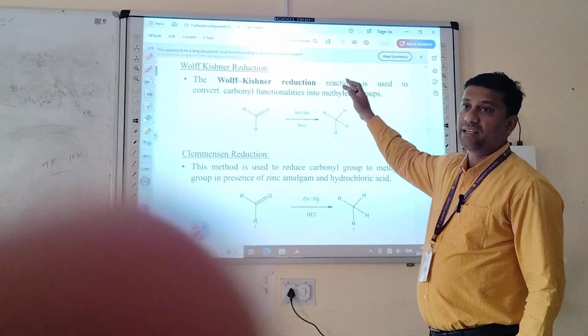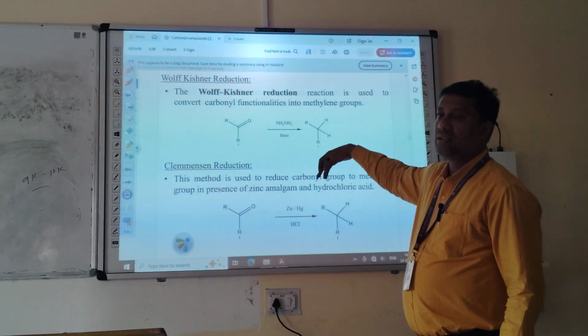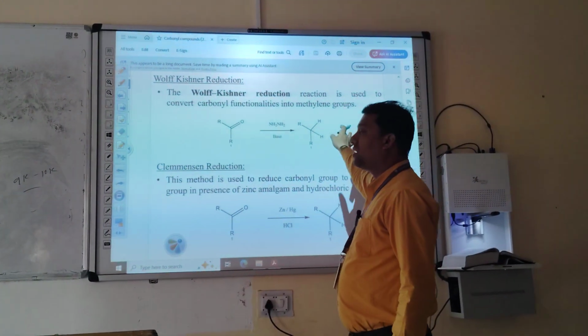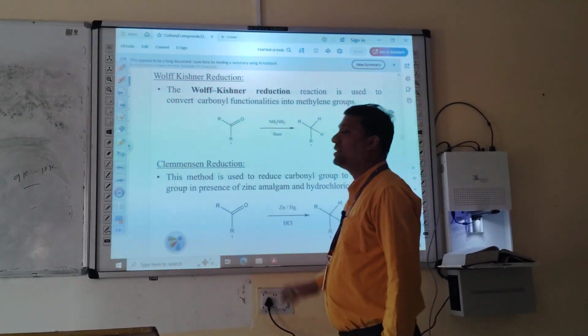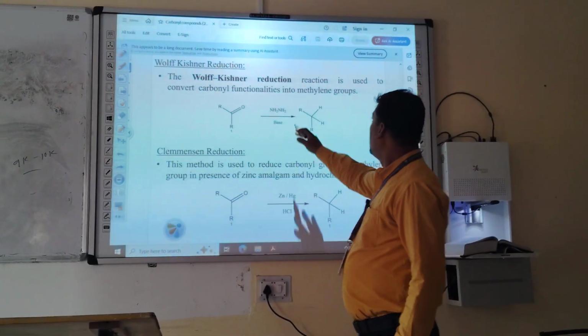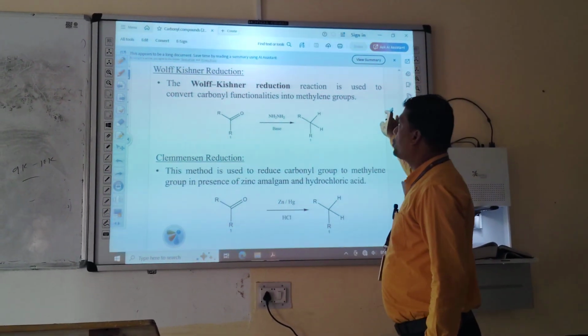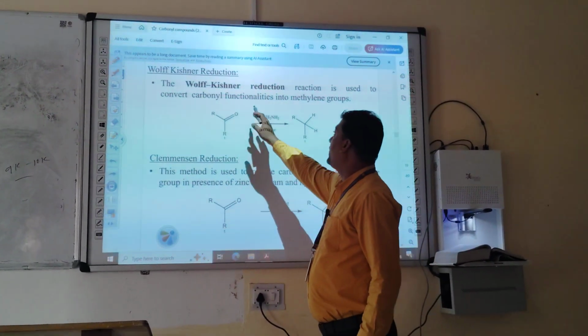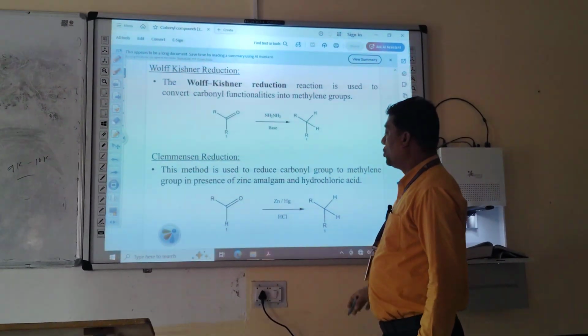These are two important reactions: one is Wolff-Kishner reduction and another is Clemmensen reduction. The reduction reaction is used to convert the carbonyl functionalities into the methylene group.